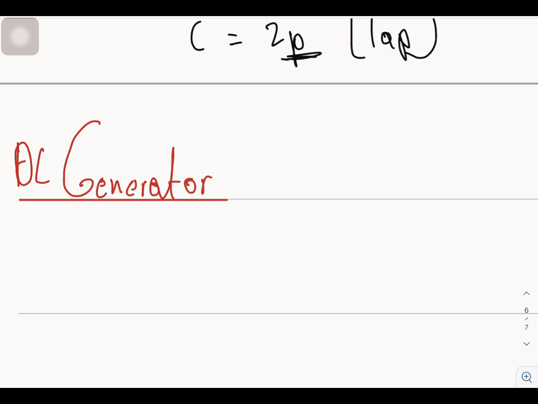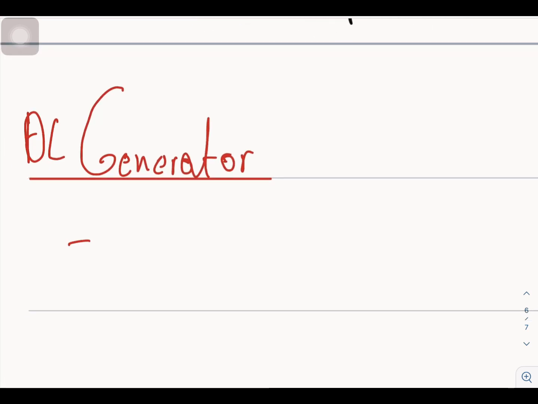Guys, you see I'm saying it's an EMF equation of a DC generator. I don't want to see a situation whereby you're using this equation for the motor. No, this equation only applies to a DC generator, which is E is equal to V plus IA RA.